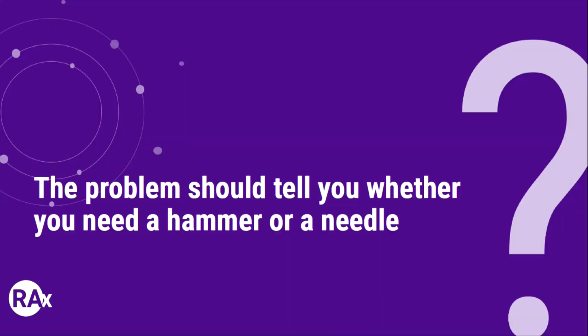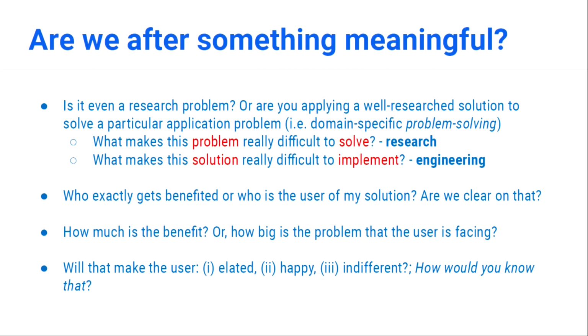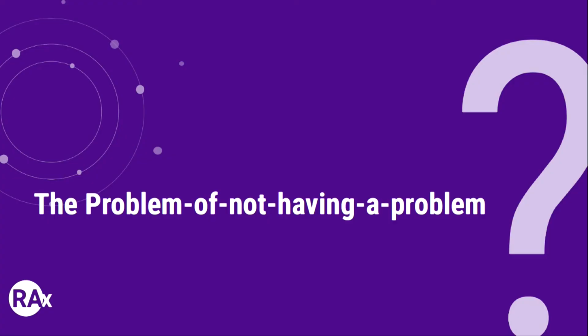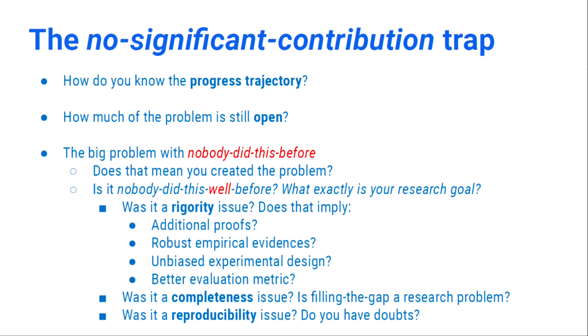And the very first thing to look into, even before looking into how other people have approached it, is what kind of problem it is. Is it a rigor issue, that you are going after rigor, which means the previous works were not rigorous enough?